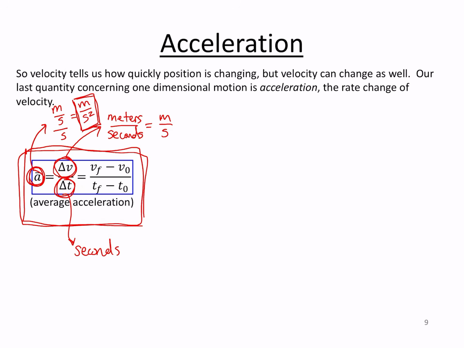So acceleration, again, tells us how quickly velocity is changing. It doesn't tell us anything, at least nothing directly, about the value of the velocity at any particular moment. It just tells us how quickly that velocity can be changing.